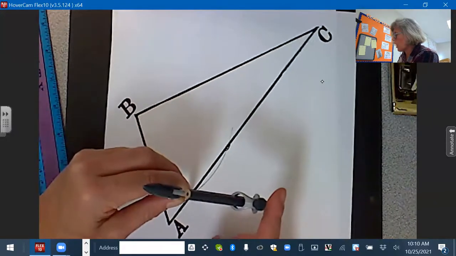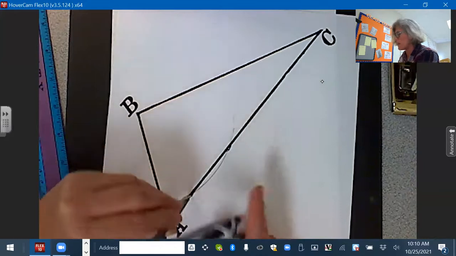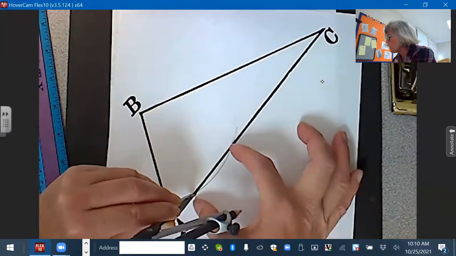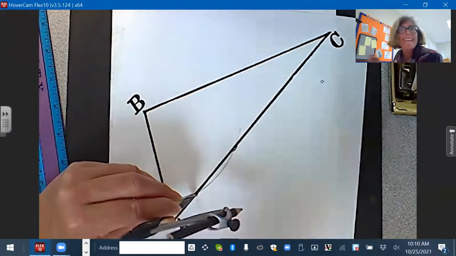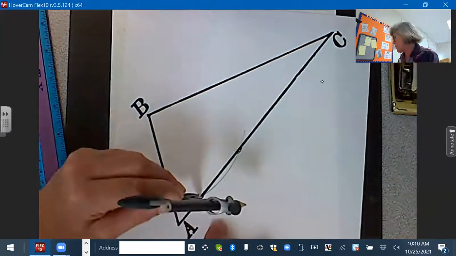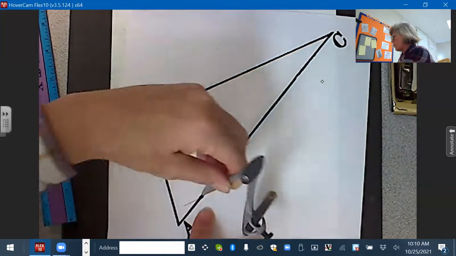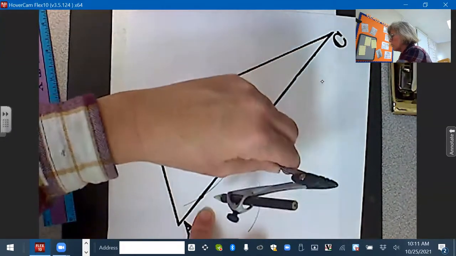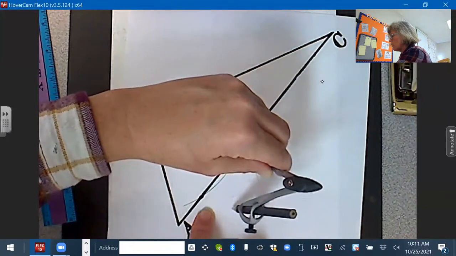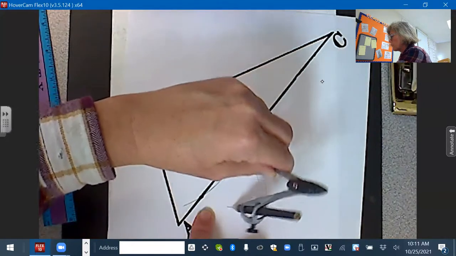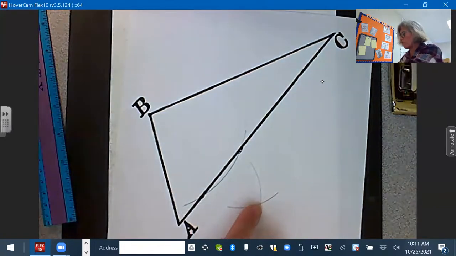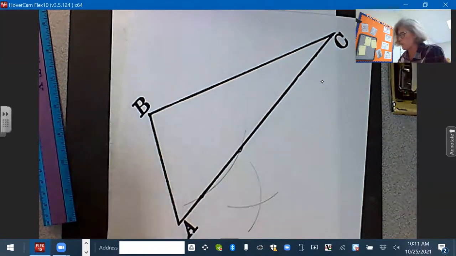You can choke up or shorten this distance at this point if you want, but do not change your compass settings between the 2 dimples. So from one dimple, sweep, the other dimple, sweep, and you have a point of intersection with 2 arcs.